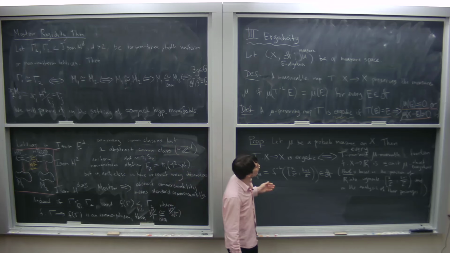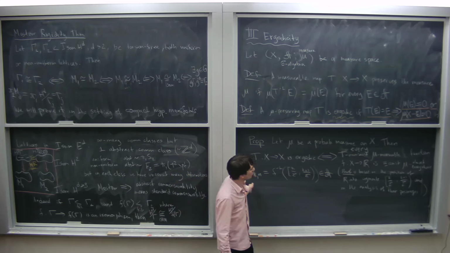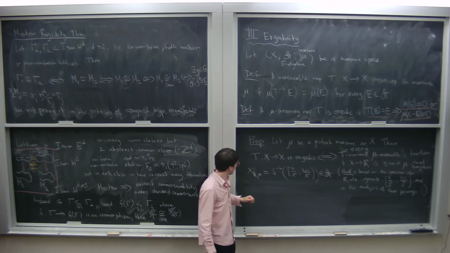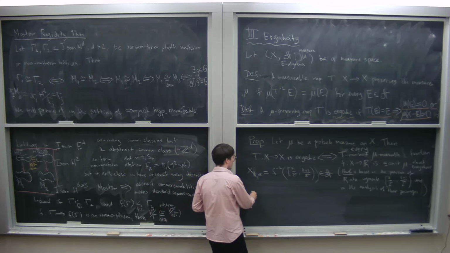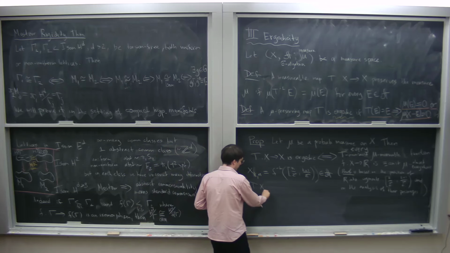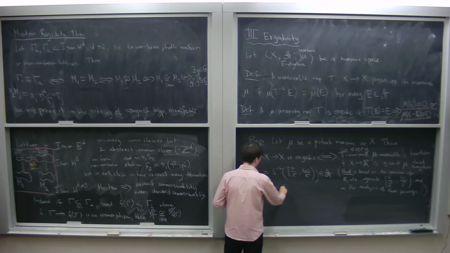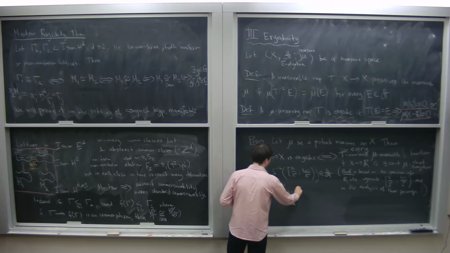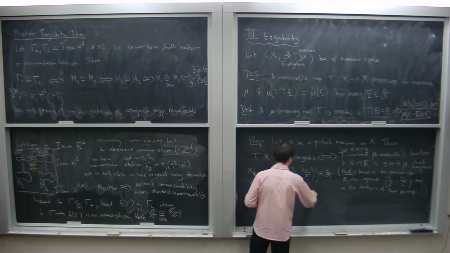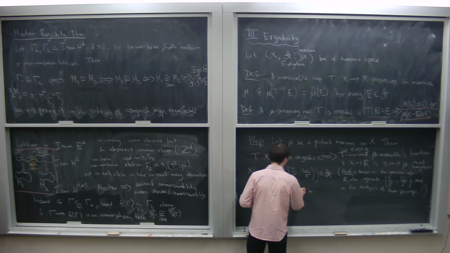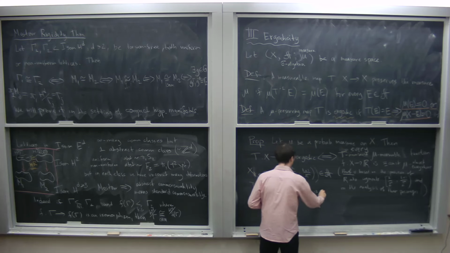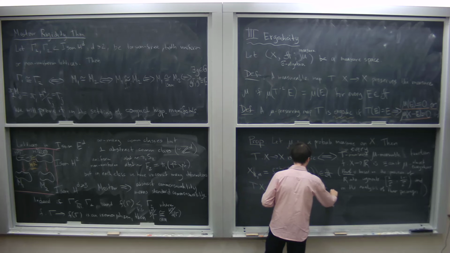T of this set X sub k,n will be equal to itself, since f is T invariant, right?